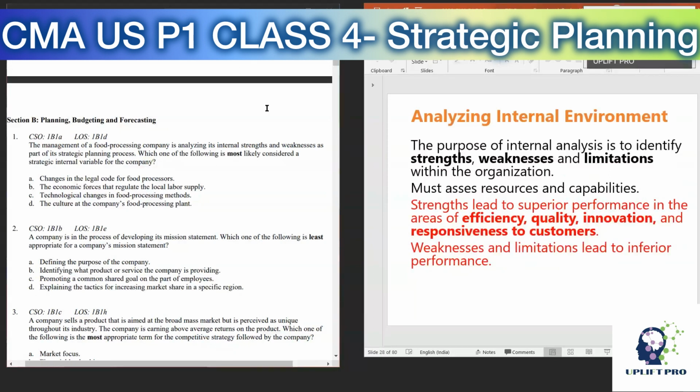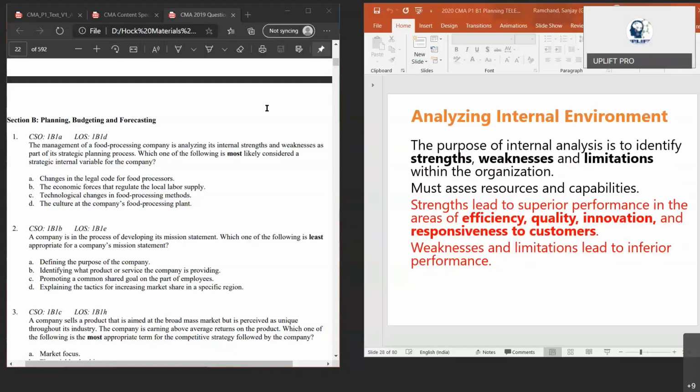Anybody else has a different answer? Anybody has a different answer, different option? No? D is the right answer. Gayatri, can you please unmute your mic and explain your understanding or why you chose D?